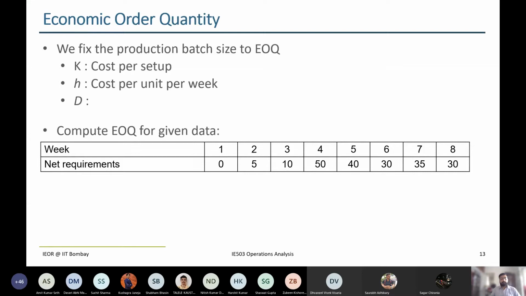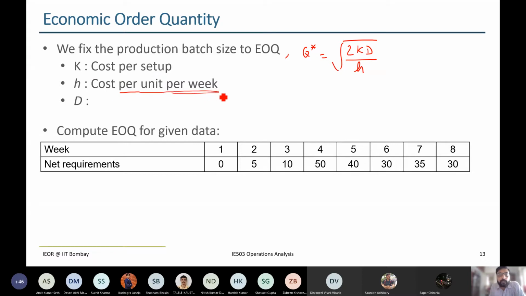Coming back to EOQ. Let's just recall. So in EOQ, Q star is nothing but square root of 2KD by H. K, we already know, the cost per setup, and observe that H is defined as a cost per unit per week.